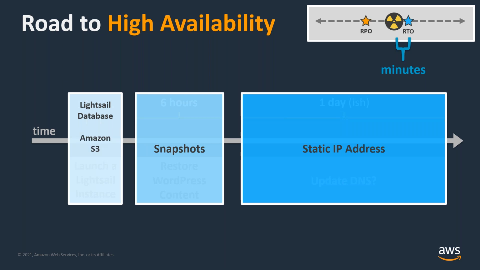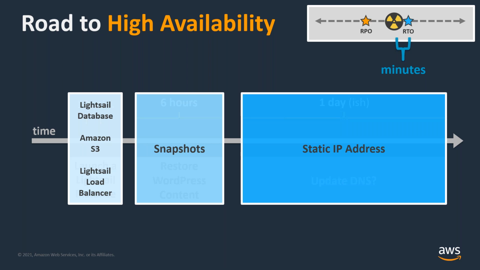And then when used in concert with Amazon S3 and a plugin to share resources and a Lightsail load balancer, we can see the impact on RTO, reducing what was days to minutes and now potentially seconds in this case. If you have a single WordPress instance fail, you will always have another one there that can handle the traffic, and depending on the amount of high availability you require, you may have multiple instances there. So any single one of those instances failing won't significantly impact the availability of your system.